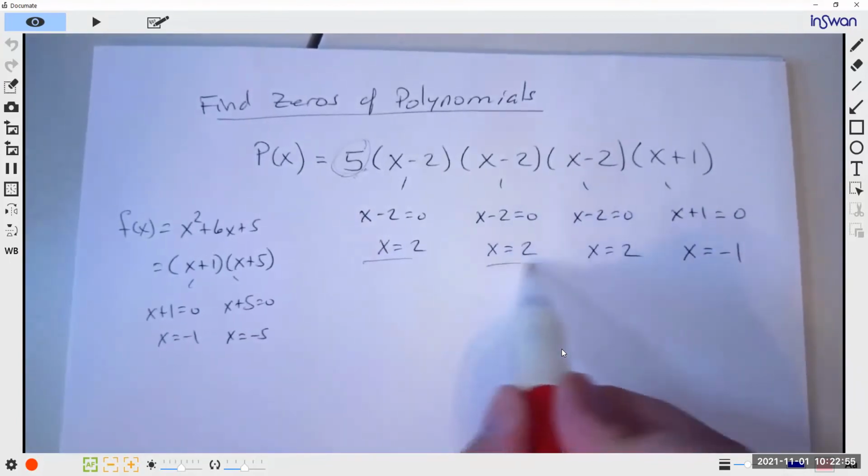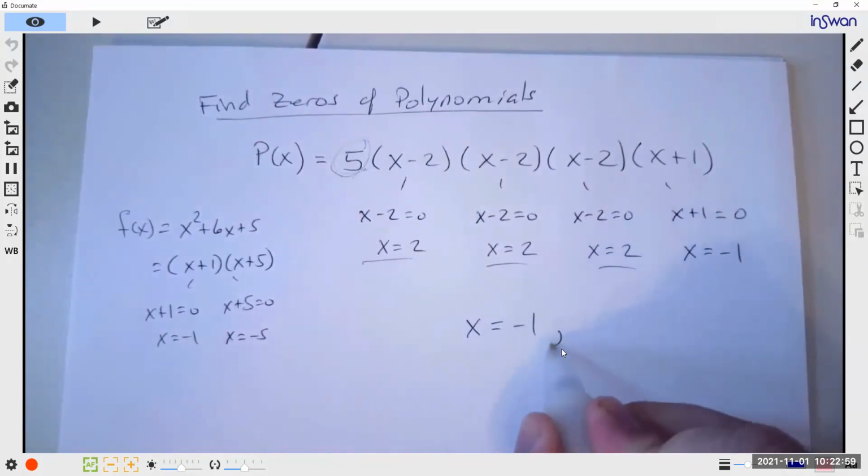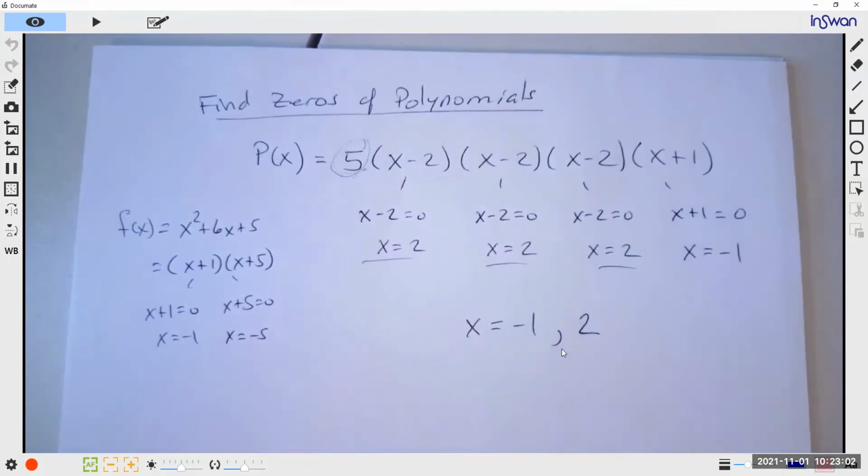You see, these are all the same answer. So our real answers are x is -1 and 2. We only have 2 x-intercepts.